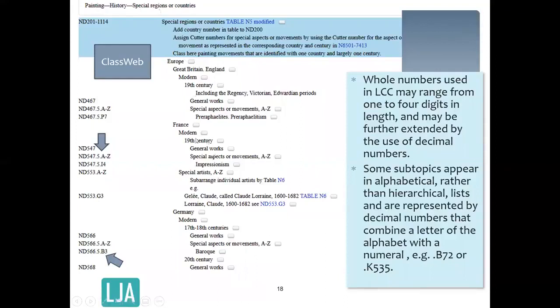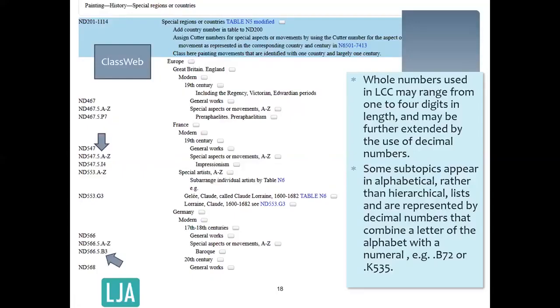If we go down to France, we're in the France category of history of painting, and we're in the modern time period, and special artists are their own thing, so they're not actually in the modern time period. When you get this note here, it says special artists A through Z. A through Z means you're going to put your artist according to that person's last name. It's going to be someplace in A to Z.